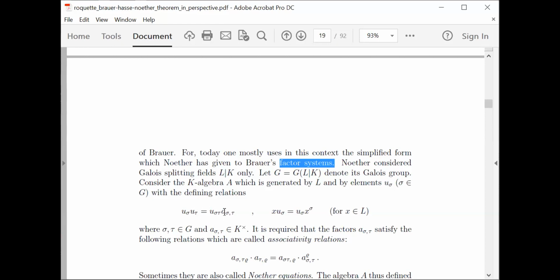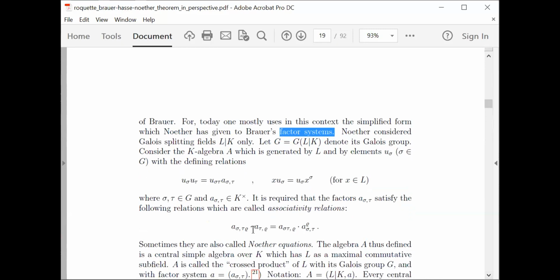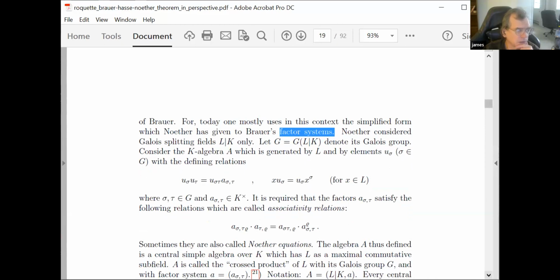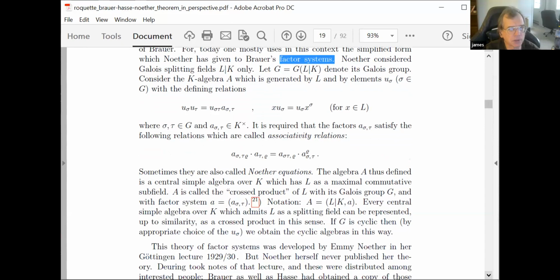So you stick in these fudge factors, and then you figure out what the fudge factors need to obey to make the multiplication associative. And so you get this disgusting looking equation called the associativity relations or Noether equations. But what those are is just the conditions you need to get associativity, a 2 cocycle condition in modern jargon.